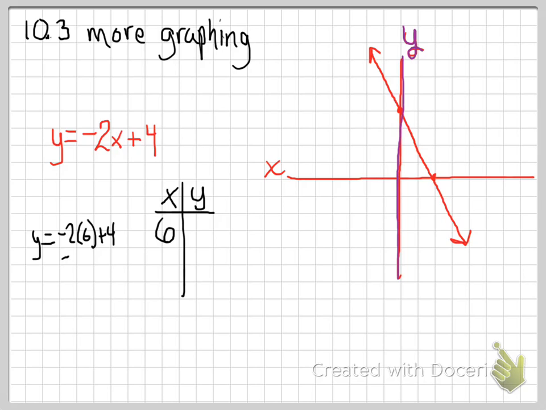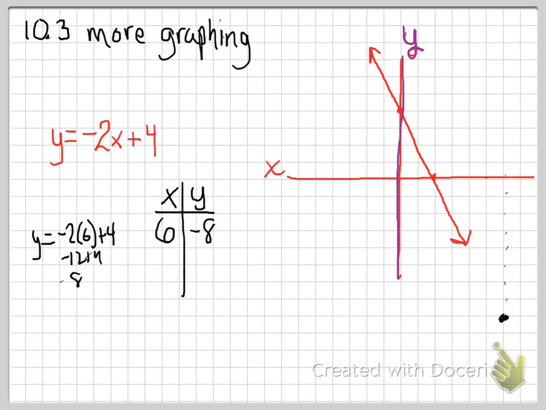And so that would be -12 plus 4 would be -8. And so I could go over 6, 1, 2, 3, 4, 5, 6, and down 8, 1, 2, 3, 4, 5, 6, 7, 8. And this point right here, if I extended the line, would go through that.